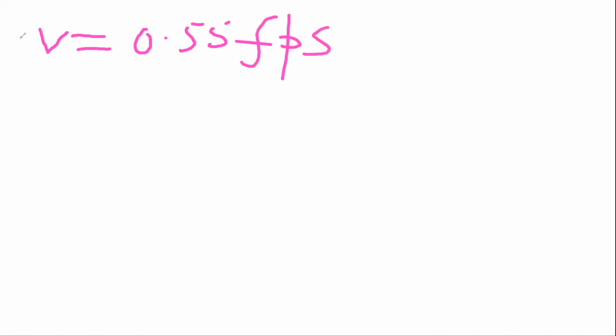It could be trapezoidal. And we talk about a velocity of 0.55 feet per second. And I want to know how many miles the water will travel in 1 day.